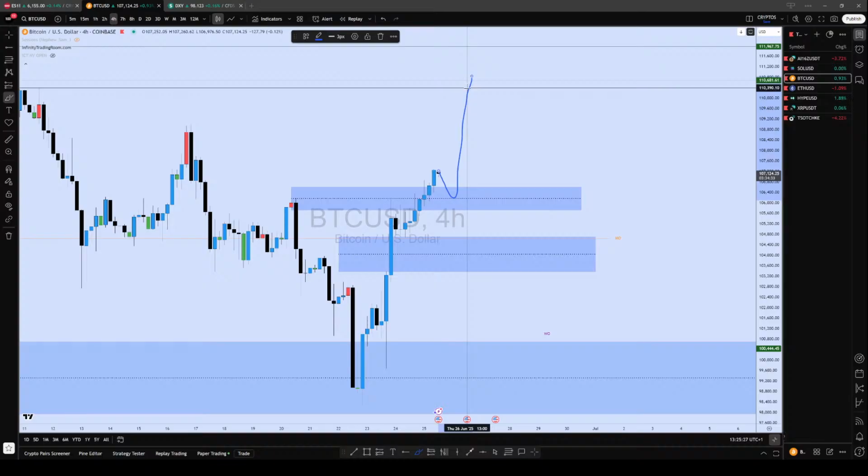Now if you see a down candle trading down and then they close above it, you can use it as your entry, and then you can start aiming for the 110681 level.